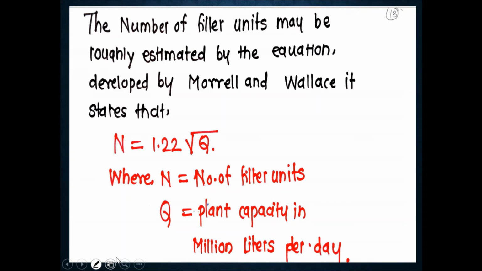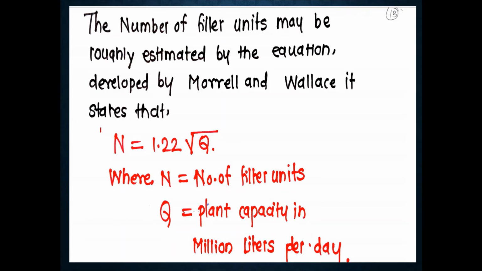because we know the total area, but we do not know how many filter units we have to design for the rapid sand filter. And there is one approximate formula given by two scientists, Morrell and Wallace, and that formula we are going to use.